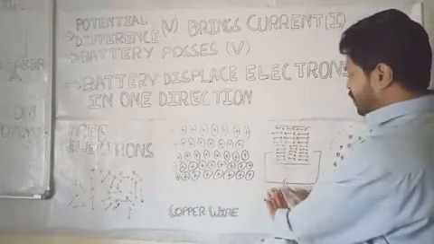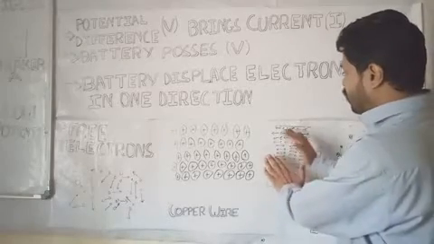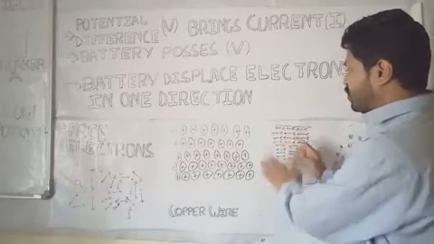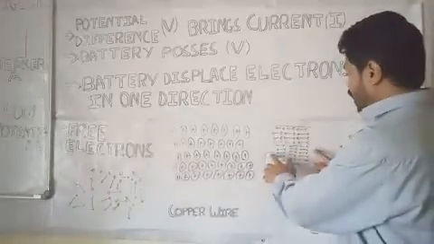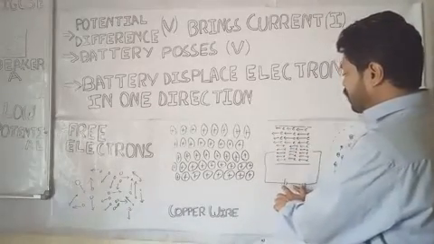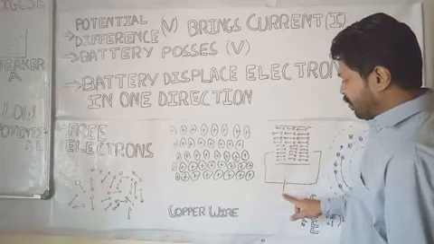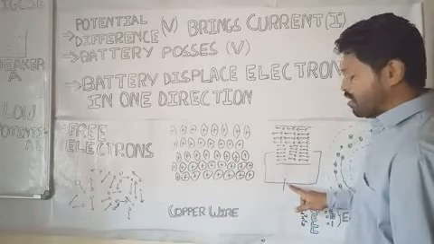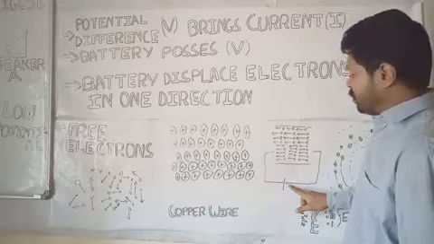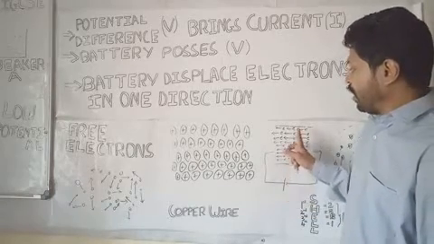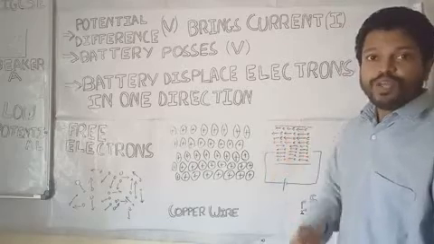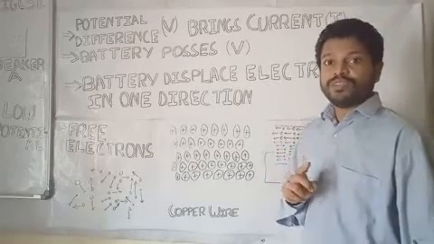If there is no battery, free electrons will move randomly in all directions, like over here. As soon as we connect a battery source, this is the positive terminal and the shorter line is the negative terminal. Once we connect the battery source, all electrons move in one particular direction.